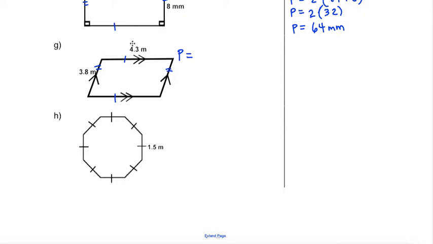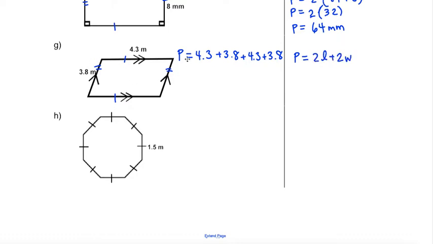So the perimeter of a parallelogram, again, I can just add up my sides together. 4.3 plus 3.8 plus 4.3 plus 3.8. Or I could use my formula. I'm going to use another version of my rectangle formula, which is 2L plus 2W.